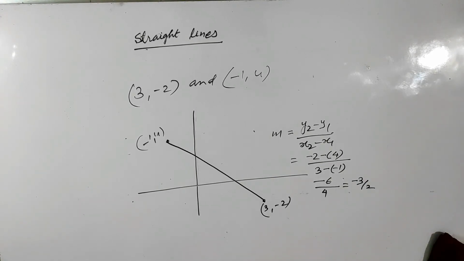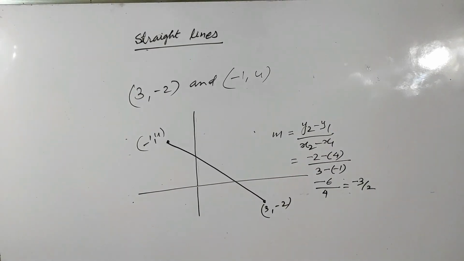So the slope of this line is minus 3 by 2. In this way, you can get the slope of any line passing through two points. Okay, dear students, I think you have understood the conditions for parallelism and perpendicularity. Thank you.